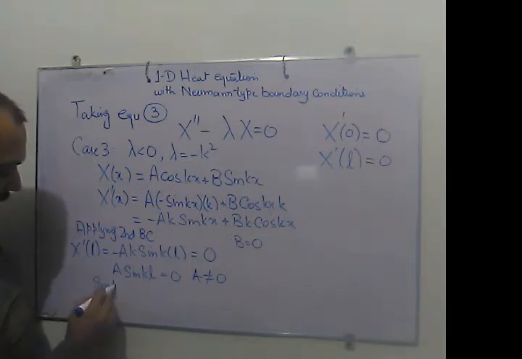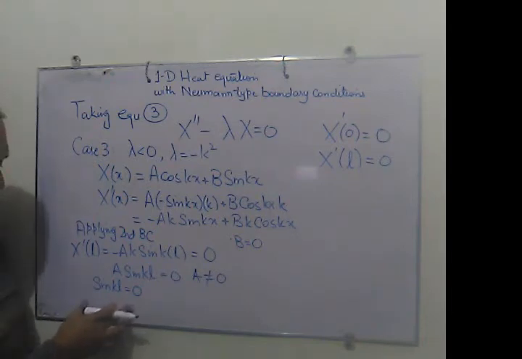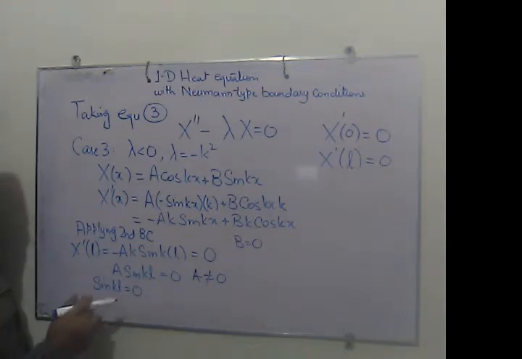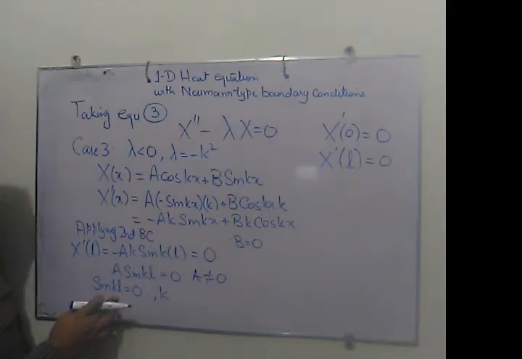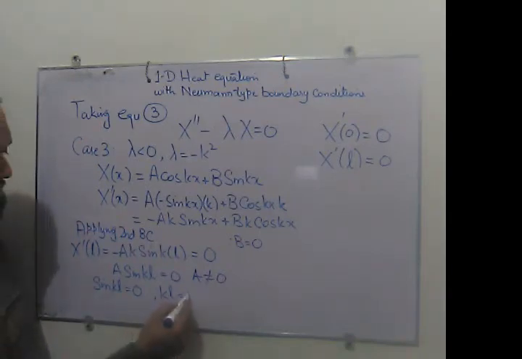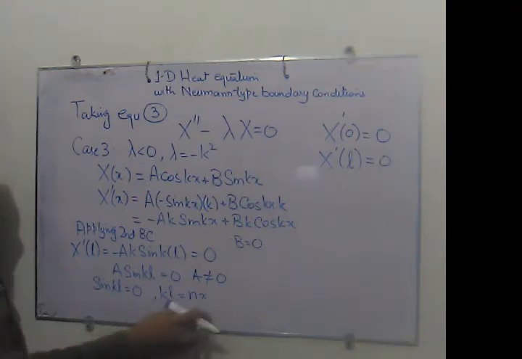In order to justify this statement that sine kL is equal to 0, we must equate kL to n pi. So sine kL can be 0 if kL is equal to pi, 2 pi, 3 pi, 4 pi, or generally n pi. Only in that case this term would be 0.